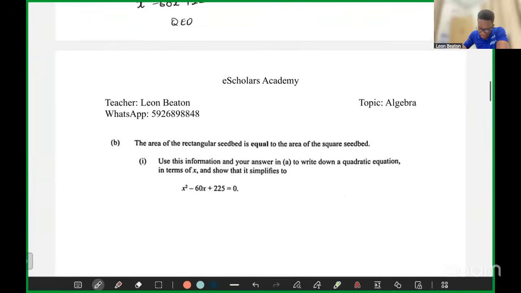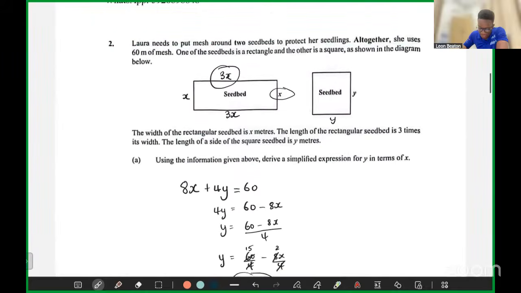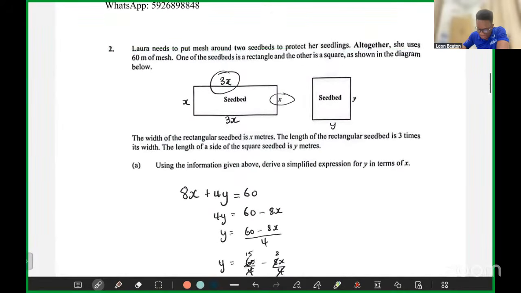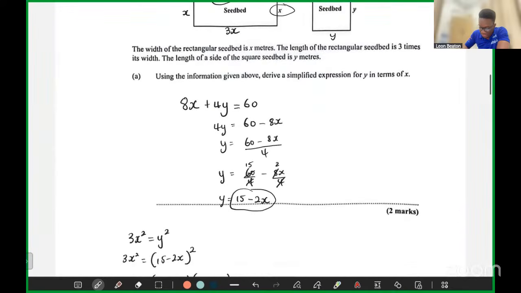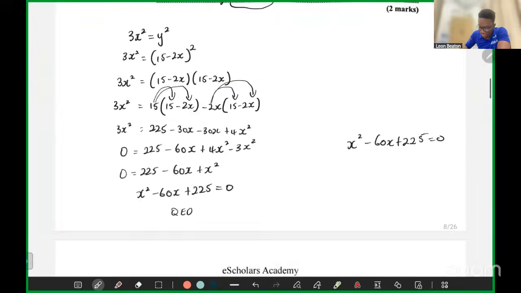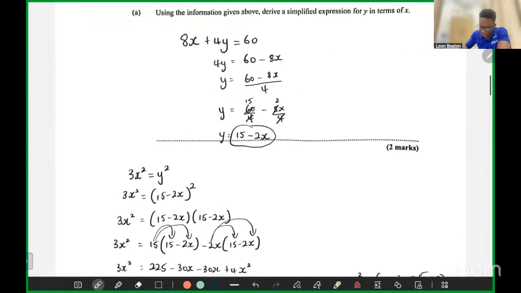So let me see. Earlier we found the perimeter. It told us the perimeter is 60. So we found two values for x, which are 56 and 4.